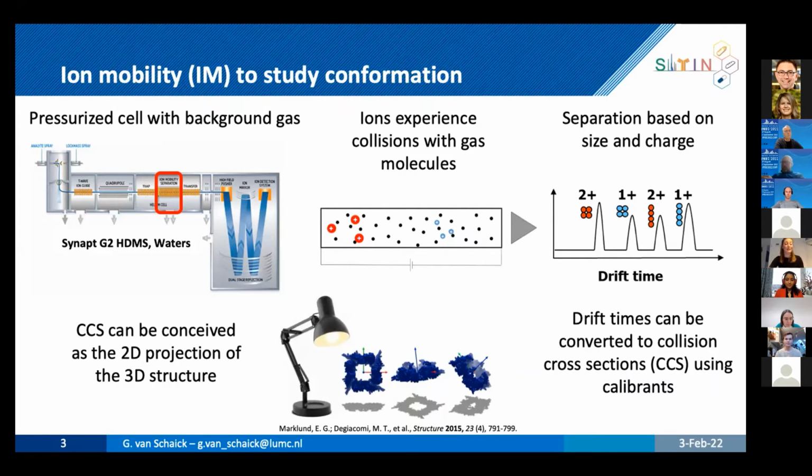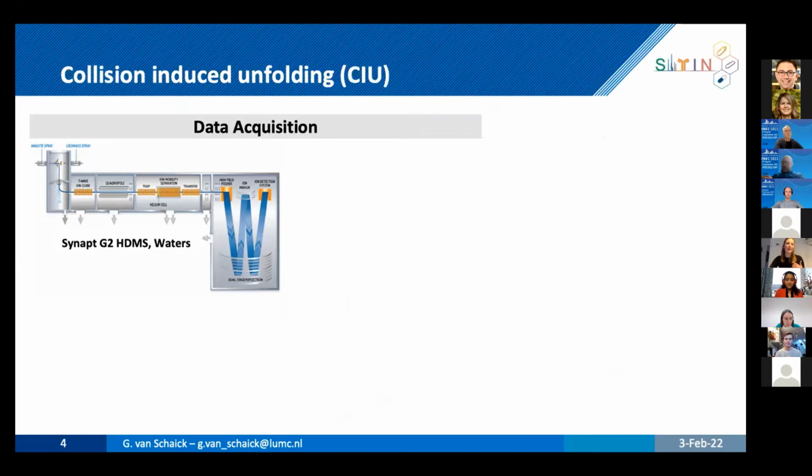Ion mobility is very nice to get a global overview of your protein. However, if you want to look into minor modifications or what their impact is on the conformation of the proteins, it is not sensitive enough. Therefore, we use another technique which is based on ion mobility using the same machine, but it's called collision-induced unfolding.